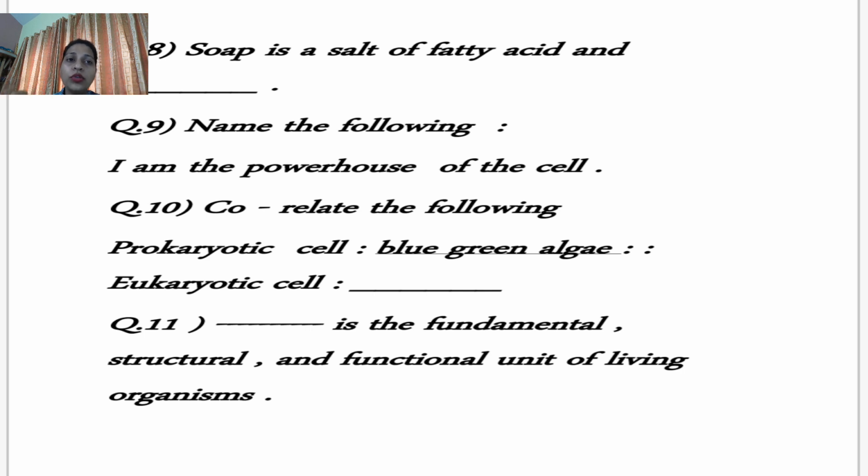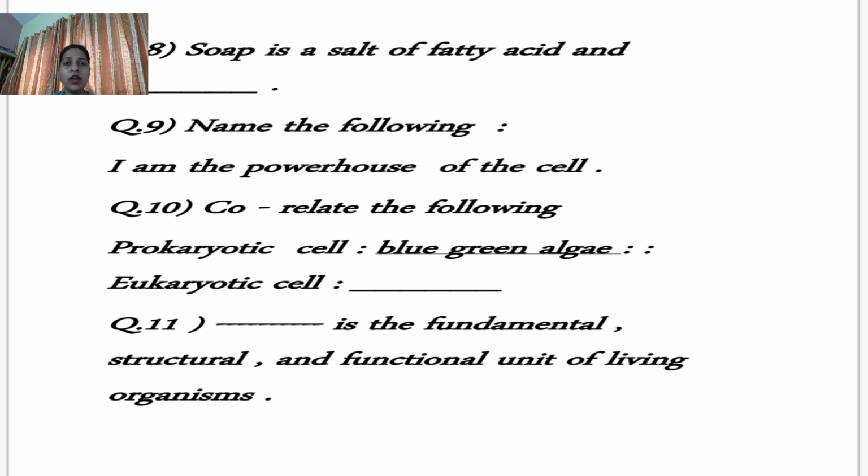Then again you put a semicolon and then you write eukaryotic cell, and then put a dash. Eukaryotic cell, spelled E-U-K-A-R-Y-O-T-I-C.